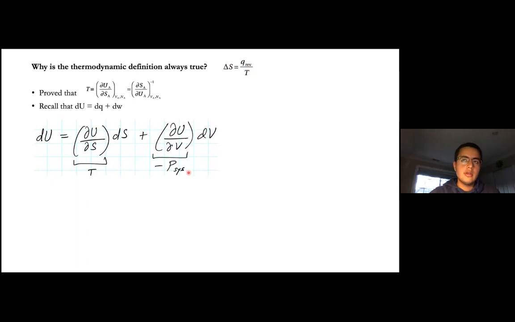If you recall the piston example, when you're expanding the piston, the work is change of volume times the external pressure. So now we have du equals the temperature times the change in entropy minus pressure times the change in volume. If you rewrite this, move this to the other side, we get du plus p times dv.